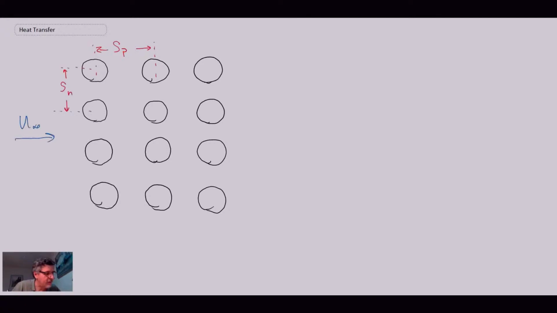First of all, what we have drawn here is the case of aligned or inline tube bundles. And the second case is that where we have a staggered arrangement. So let me draw that.